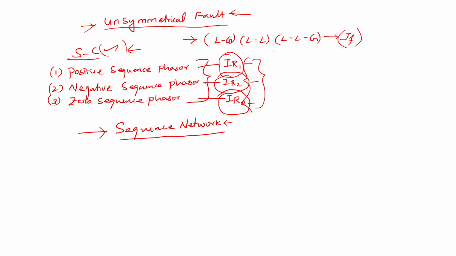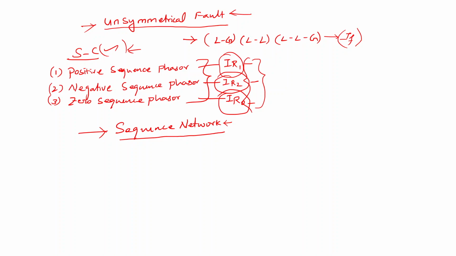Once we have this understanding, we go to the sequence network, where the sequence phasor current flows through it, and the impedance over the different components like positive, negative and zero is also different.